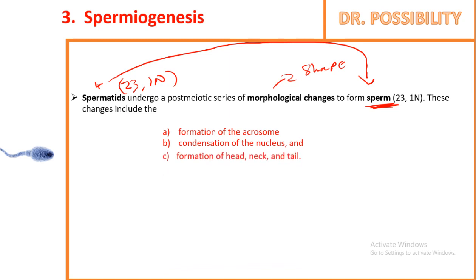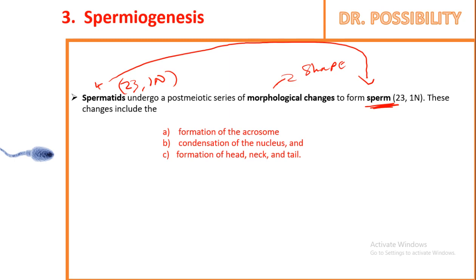The last one is the formation of the head, neck, and tail. These are the morphological changes. We'll look at that later.